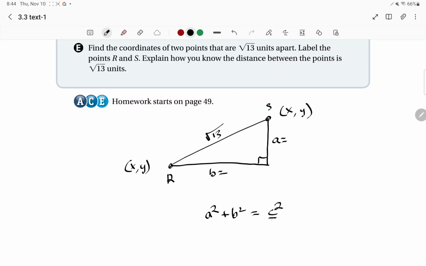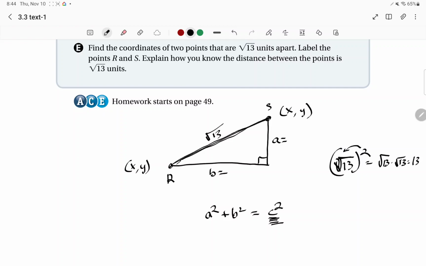Now remember, this represents the area of this side. If I know the side length is the square root of 13, then I know the area is that squared, and the square root of 13 squared is like taking the square root of 13 times itself, and that's actually 13. When you square a square root, these are inverses of each other, and so they undo each other.